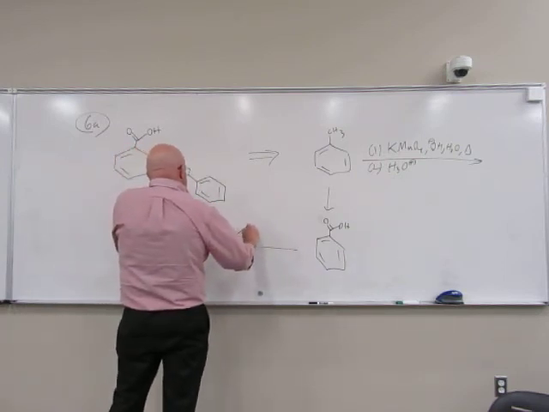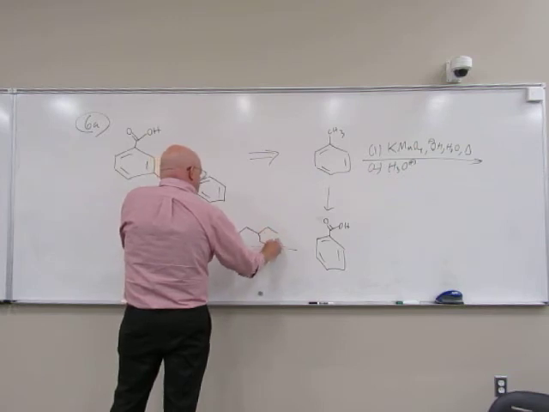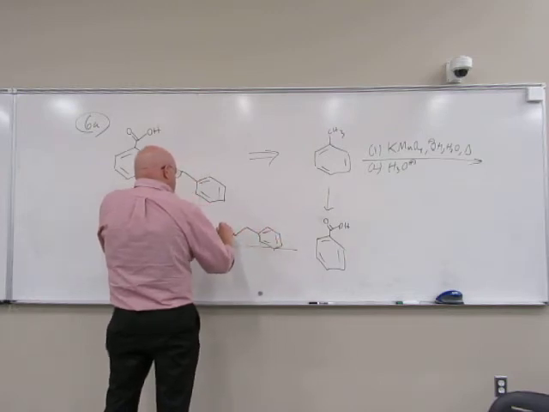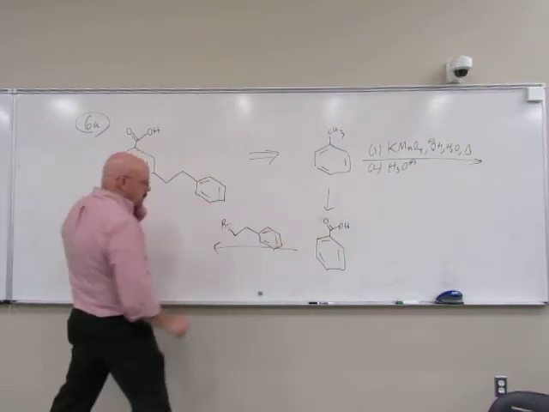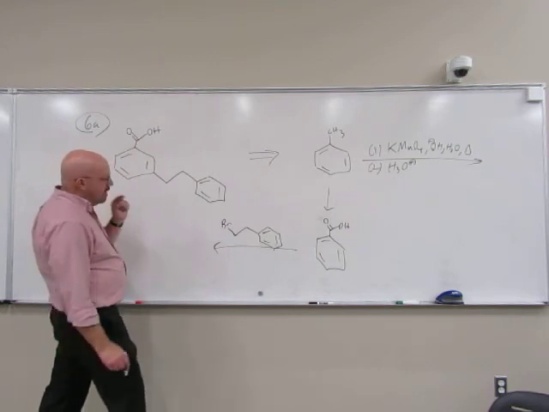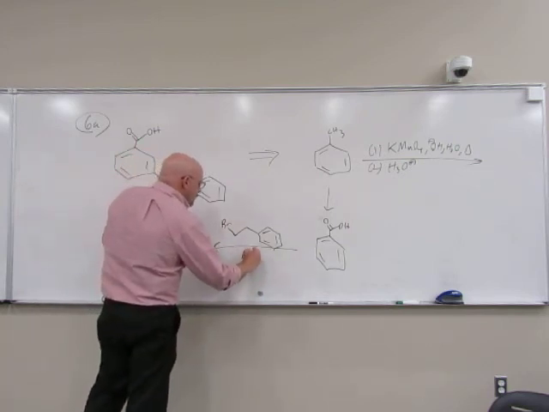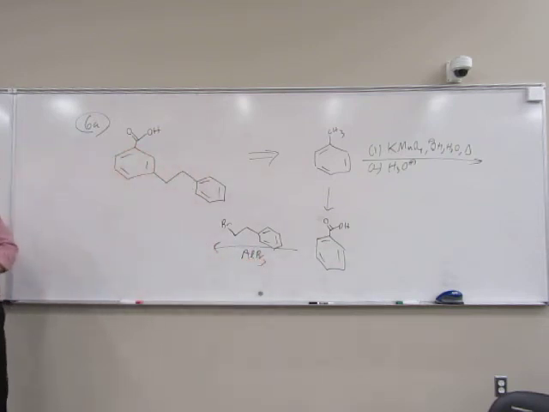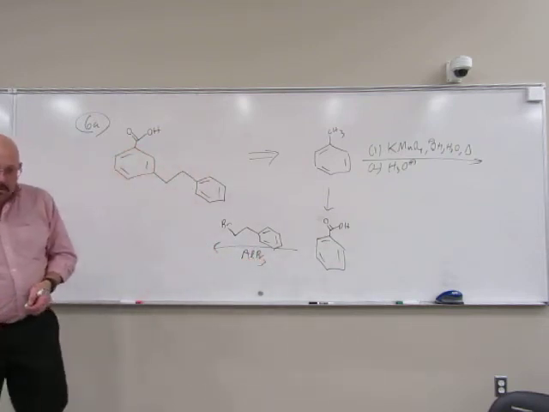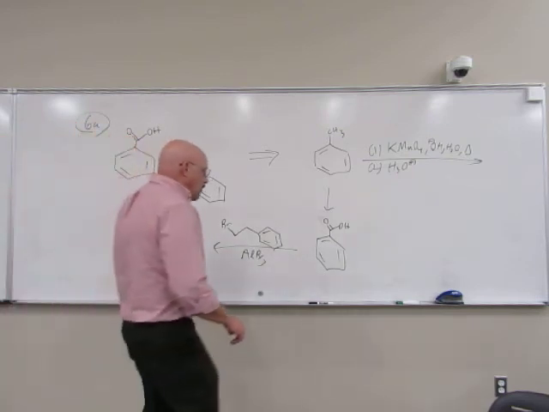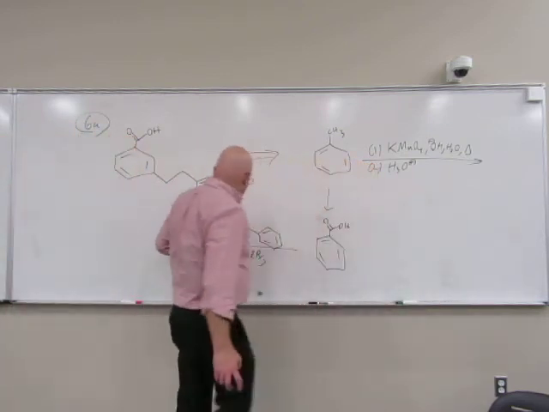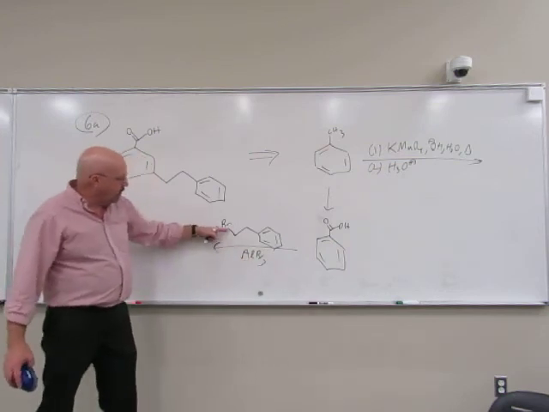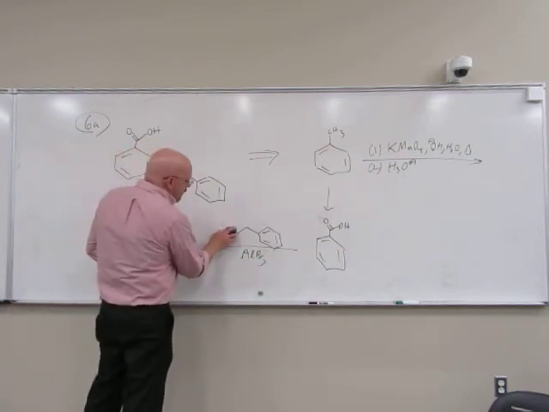Well, how about a Friedel-Crafts alkylation? Do an alkyl halide with the Lewis acid catalyst. Will that work? So my Lewis acid catalyst would pull off the bromine and give a cation.